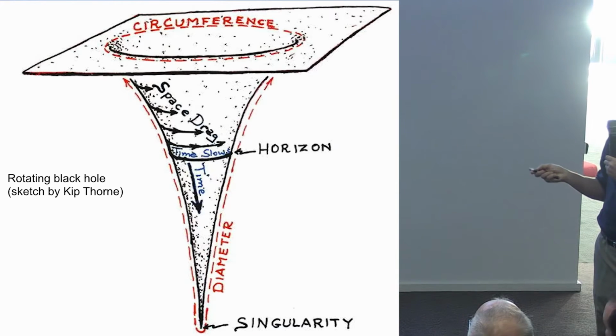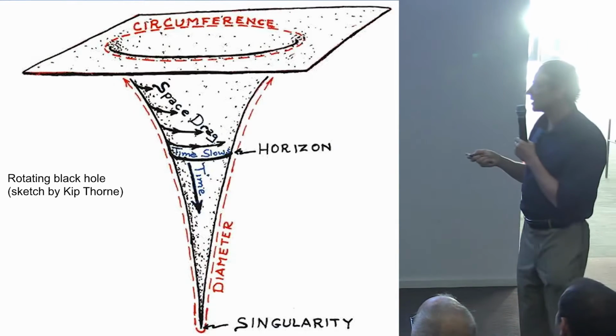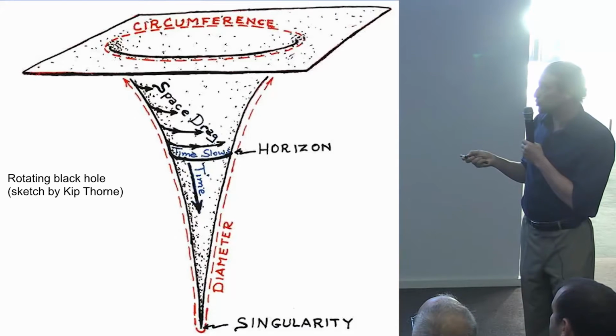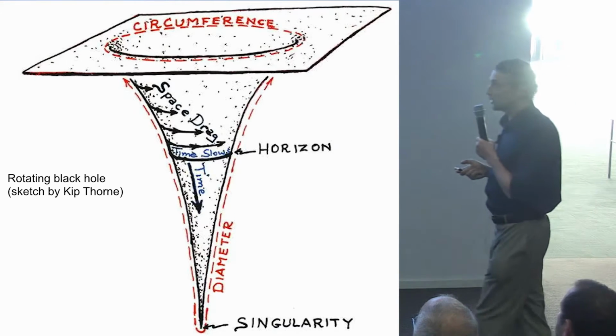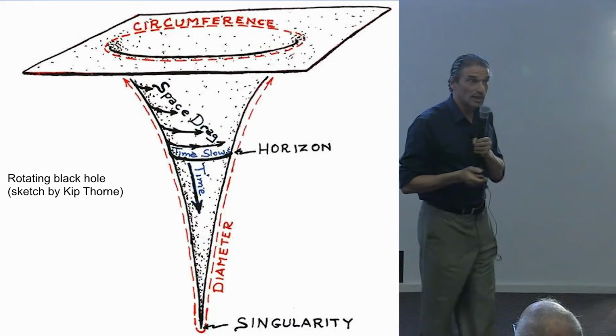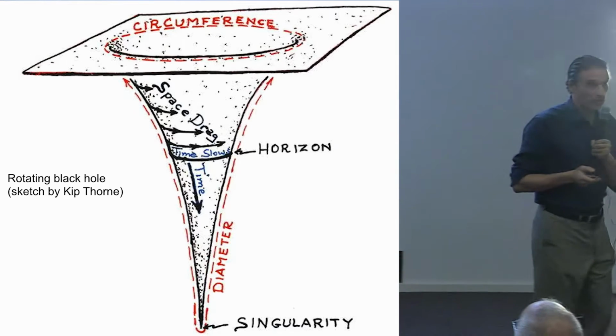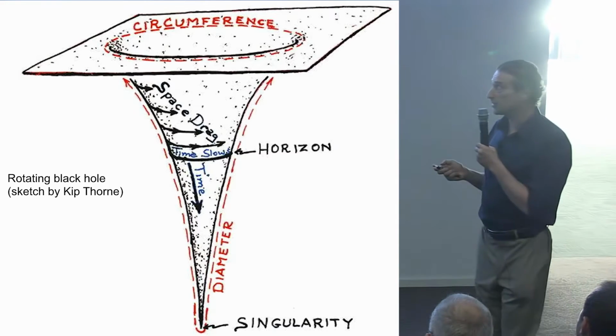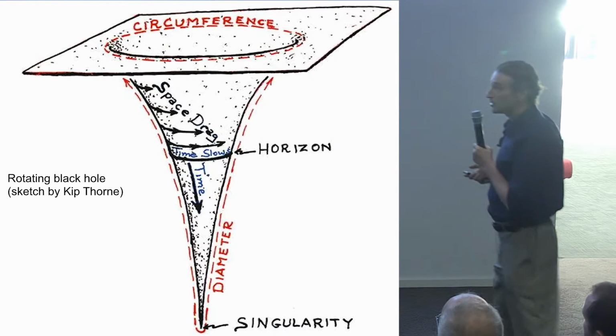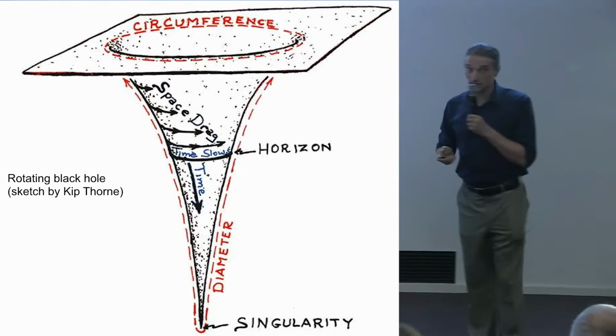So the radial coordinate becomes time-like, and time inevitably pushes you towards the singularity. So anybody who falls inside the horizon is going to be dragged towards the singularity and face its ultimate fate. Nothing can survive the singularity because the tidal stresses are infinite.